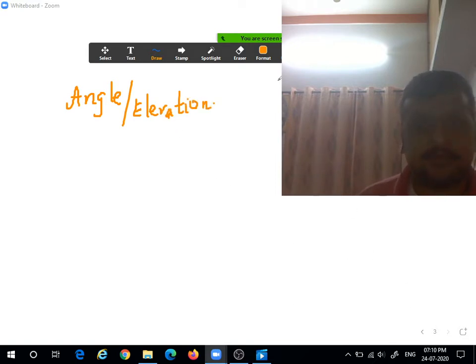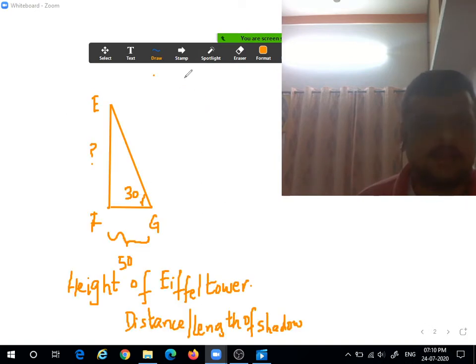With respect to that angle of elevation, that is your theta angle, and one side, we can find the height of the Eiffel Tower, or you can also take it as Qutub Minar, or anything.